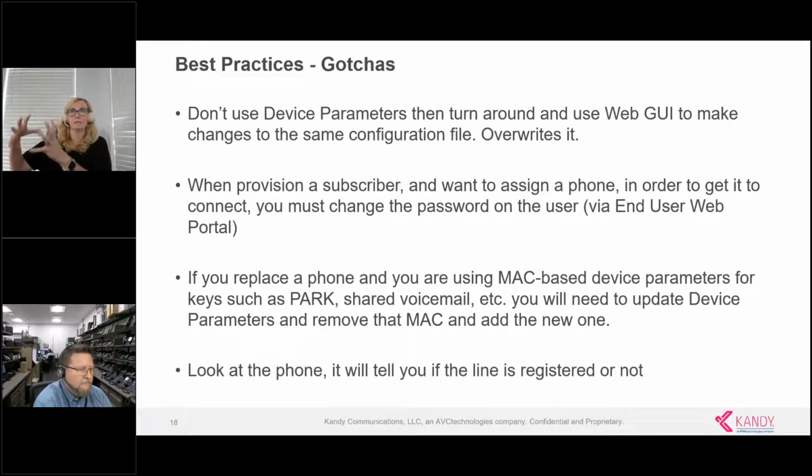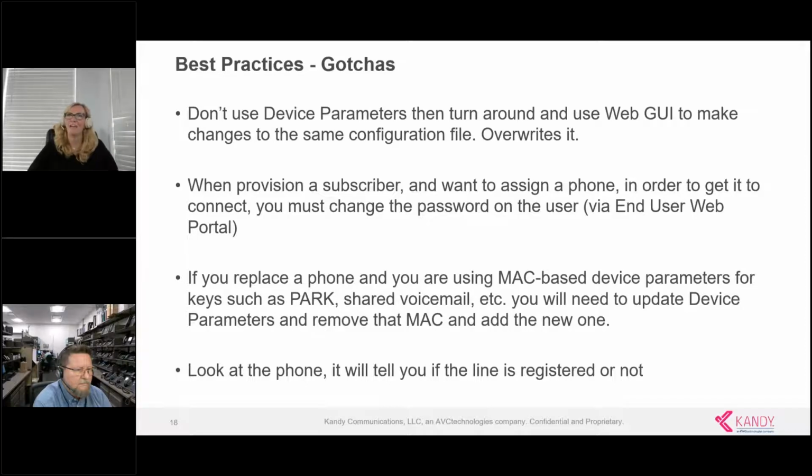Maybe you're going into device parameters, but then you have a support team or an implementation team that's opening up the GUI and making changes. You're riding on top of each other. So you want to stick with one plan and go with it. And again, we believe that device parameters is an easier way for everybody to manage that configuration file if you can't do it through buttons or straight up admin.